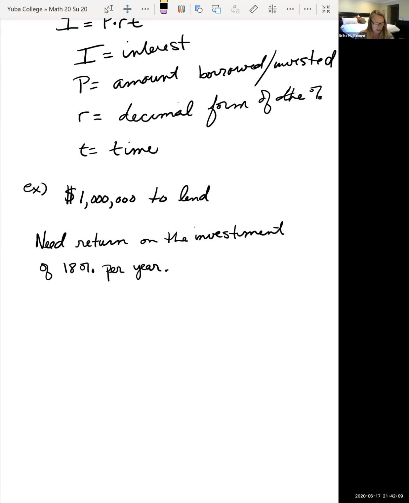So if she can lend either at a rate of 19% or at a rate of 16%. So there's two places that she can lend. She can lend at 19% or 16%.